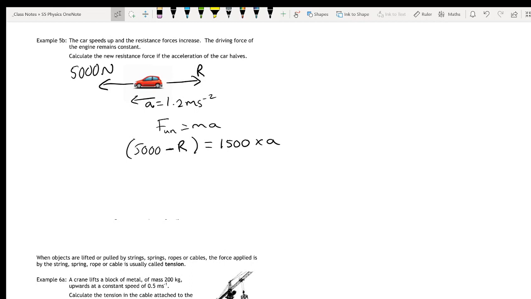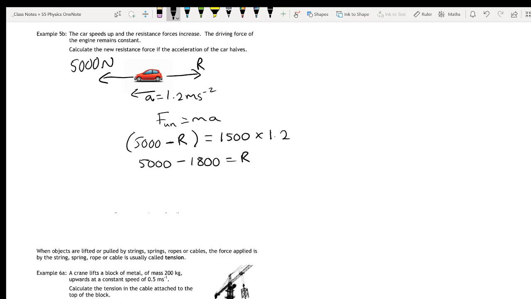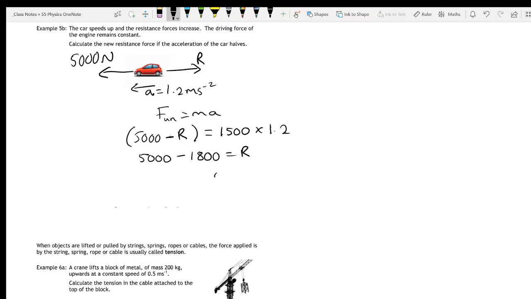Oh, sorry, we know the acceleration, it's 1.2. So that's going to be 5,000 take away 1,500 times 1.2, so 1,800. So your resistive force will be 3,200.